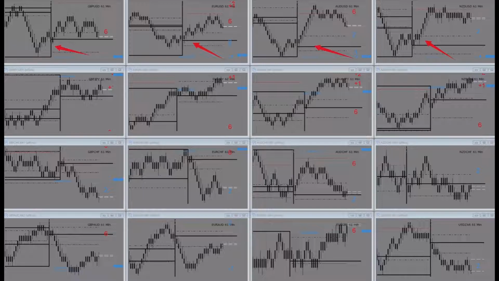That's going to tell us that we should be going to the cross pairs and see if we can find some disparity, because that disparity is going to give us that order buildup. It's going to give us that fuel for our second legs to come out of the manipulation phase and get in the profit phase.